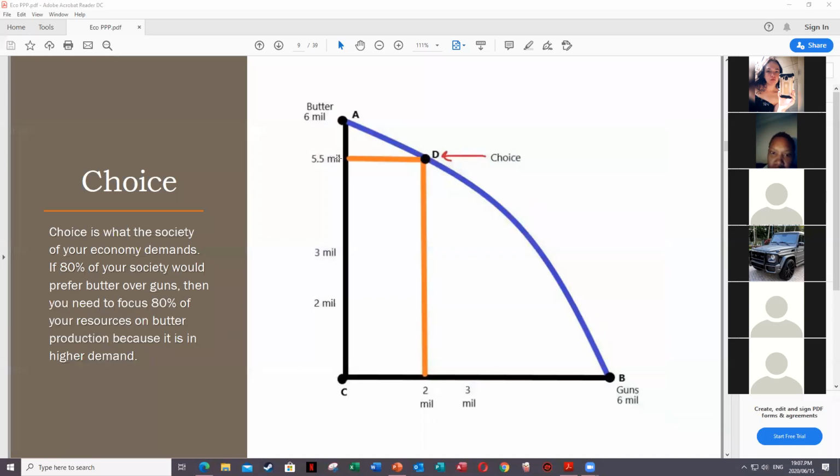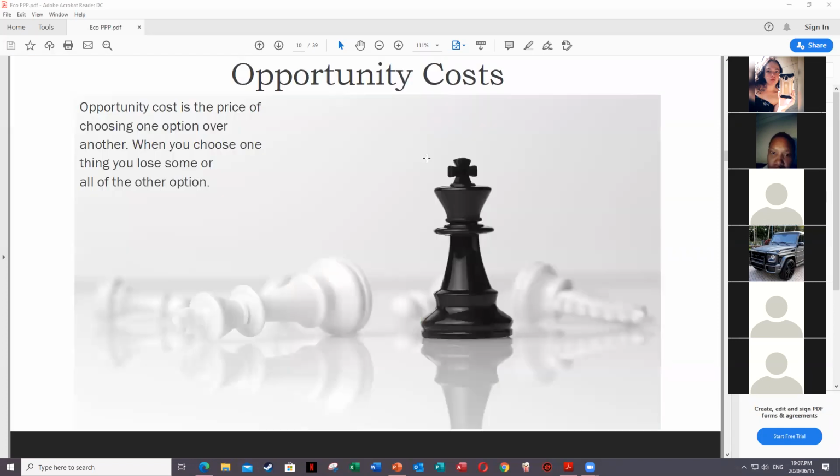We're producing 5.5 million units of butter, but if you go down, you see we can only produce 2 million units of guns because we don't have enough resources to produce 5 million of this and 5 million of this as well. So we're dedicating most of our resources towards butter, which means we're producing a lot less guns, but that's fine because 80% of people would rather have butter. That is the choice your society makes, and that's where it puts you at point D here.